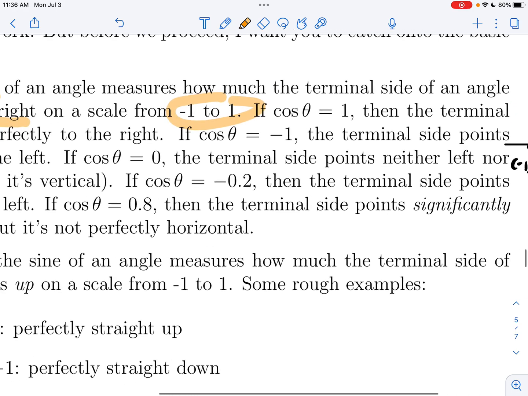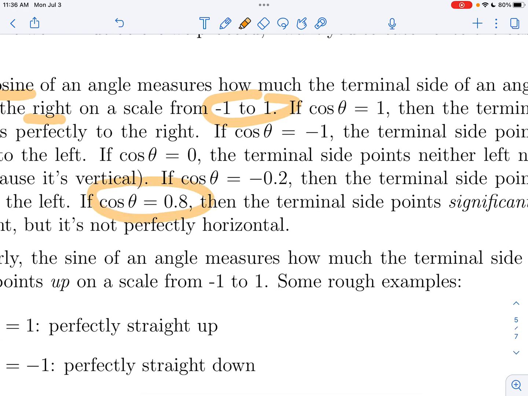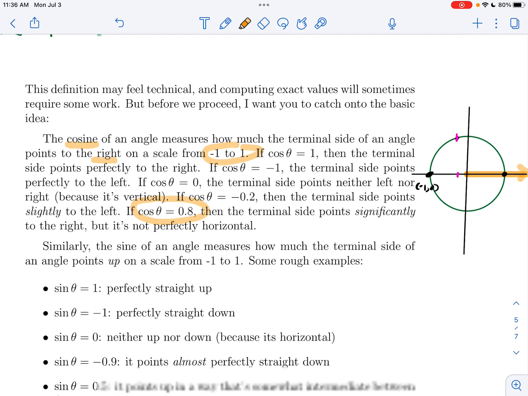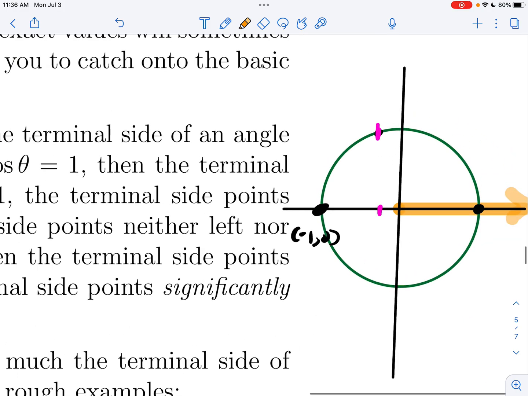If I have something like cosine of theta is 0.8, that means we're pointing to the right rather substantially, but it's not perfectly to the right. So we might have a picture like so. This terminal side, if I say, is that terminal side pointing to the left or right? Remember, it's starting at the origin, so we have a notion of which direction it's pointed.